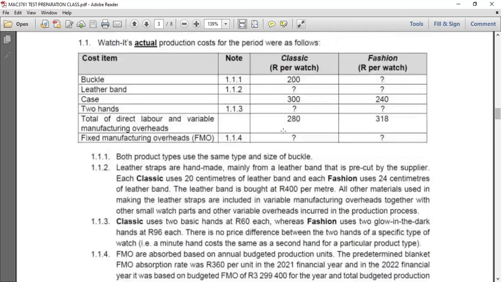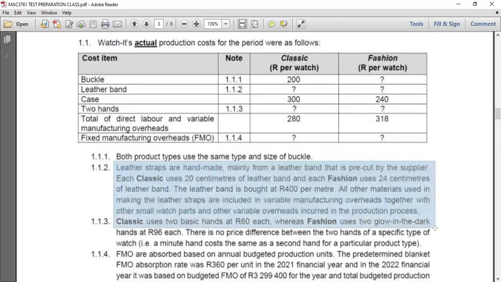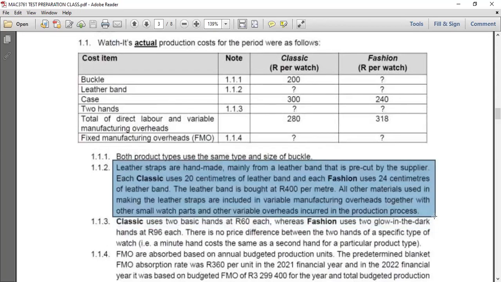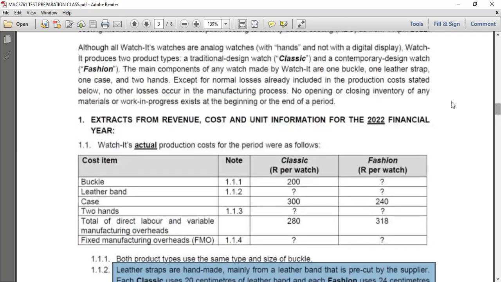Then we have got the leather band. Leather strips are handmade mainly from leather band that is pre-cut by the supplier. Right. And I think we should read something first before we even consider here.